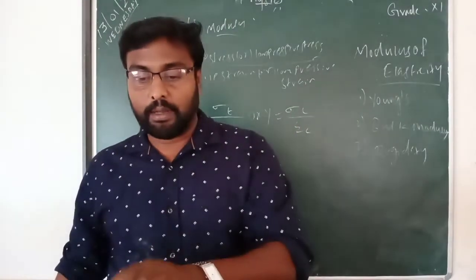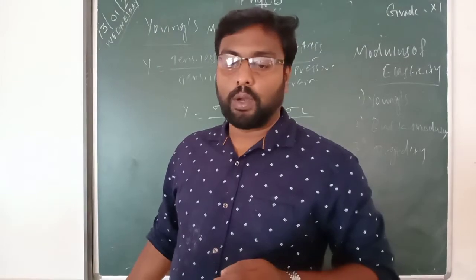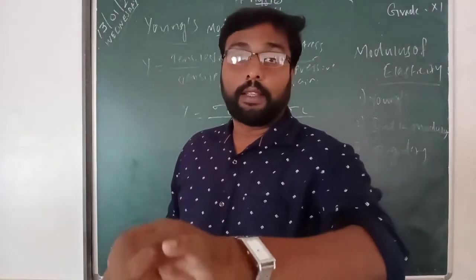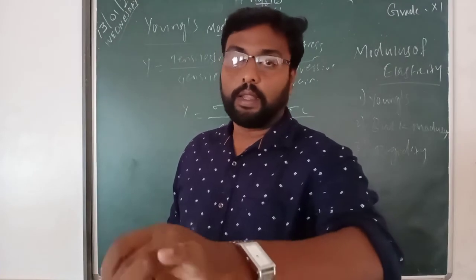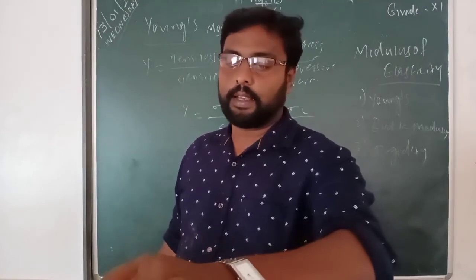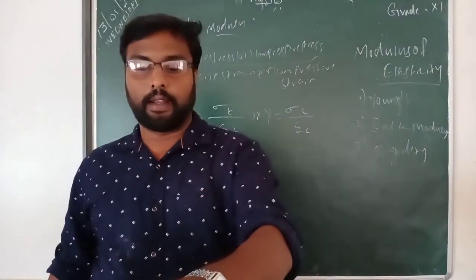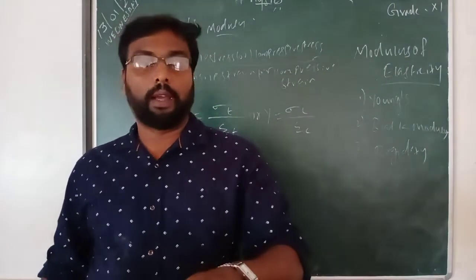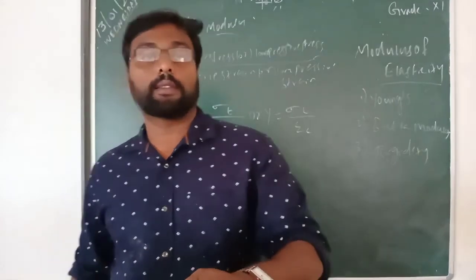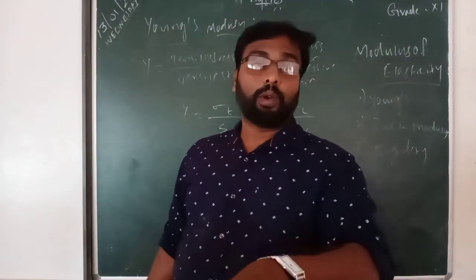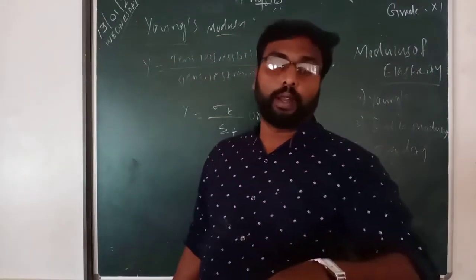You can see Young's modulus on page number 55. When a wire is stretched or compressed, the ratio between tensile stress and tensile strain is defined as Young's modulus. Then write the formula, equation 7.6, and the unit, which is the same as stress; strain has no unit.